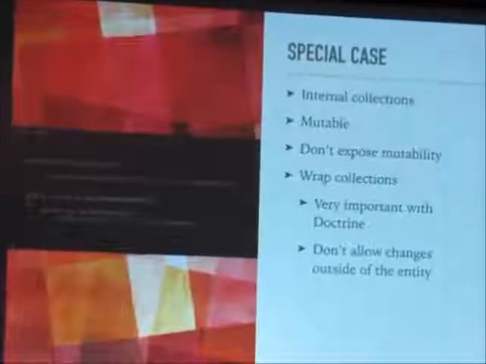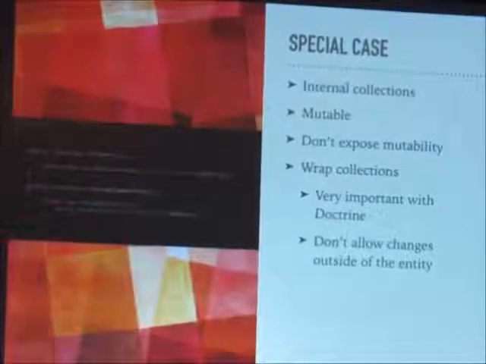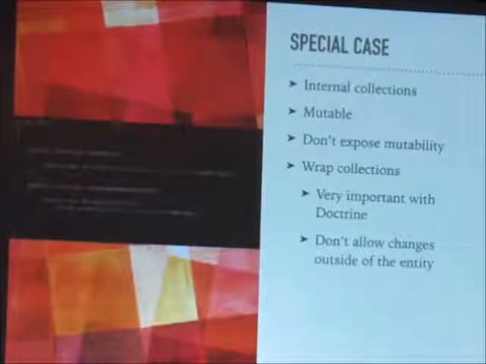The benefit of those is that now the actual internal collection, if someone, for example, started popping elements off that return collection, it won't affect the underlying entity. So if somebody happens to have an entity manager flush, it won't just suddenly delete a whole bunch of stuff. So it's going to protect you from that. Again, it does come back to the question: should your domain entity really be passed to the view? Probably not.